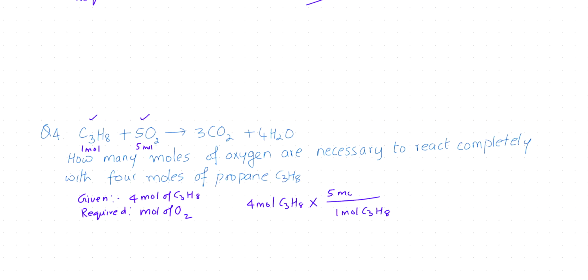So moles of propane cancel. So we get 4 times 5 is 20, divided by 1, that is 20 moles of oxygen.